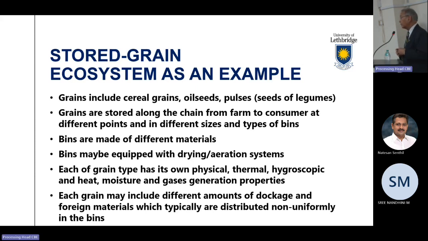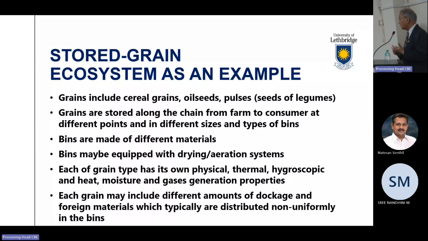Grains are stored from the farmer to the consumer at many points. Sometimes it's stored on the farm, sometimes at collection points, and then processing facilities would store, retailers would store, so it's stored at many points. Also, the bins where the materials are stored are made of many materials.